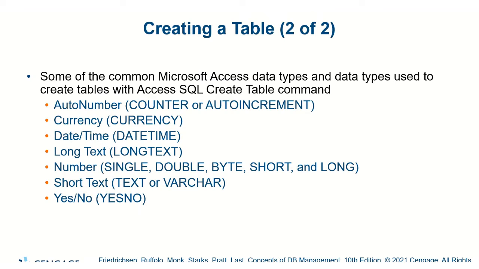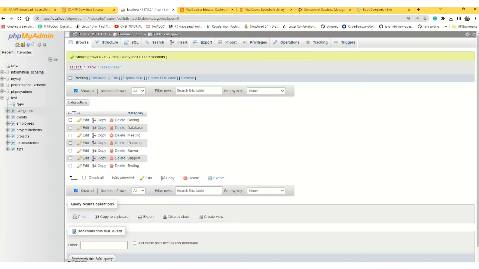So you can create a table, and for Microsoft Access, the data types are pretty much common to all databases, but they have different naming conventions from one to another. So for example, let's go to the example we have created. If you go to the categories, under the categories you have the columns.